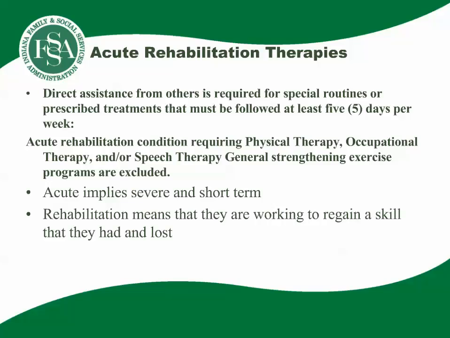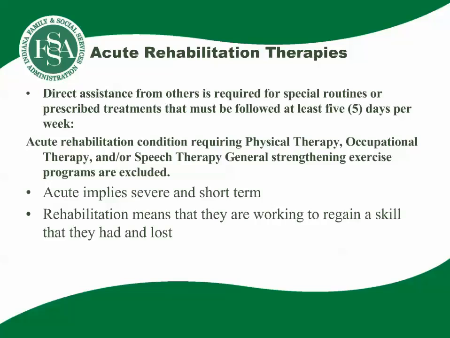This is an item that is marked quite frequently when pre-admission screening assessors are making determinations for nursing facility placement. But very often when this item is marked, it's reflective of a short-term nursing facility level of care approval. And that's in part because the word acute in itself implies a severe short-term situation.